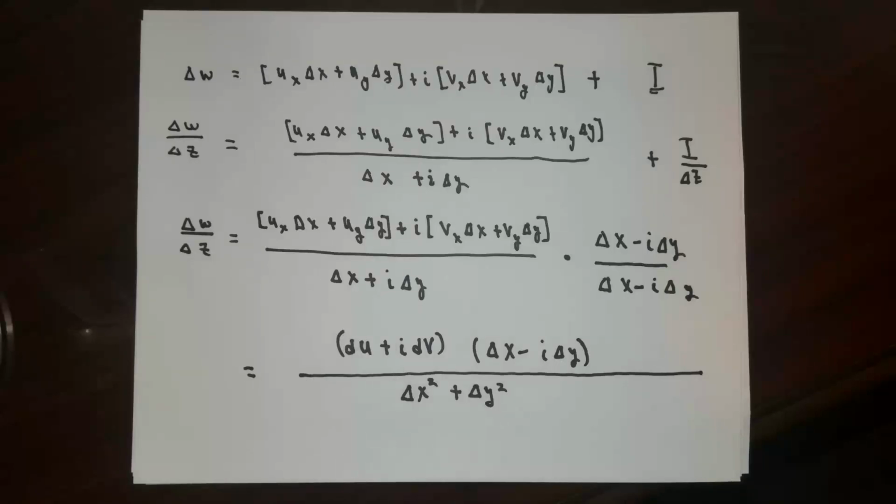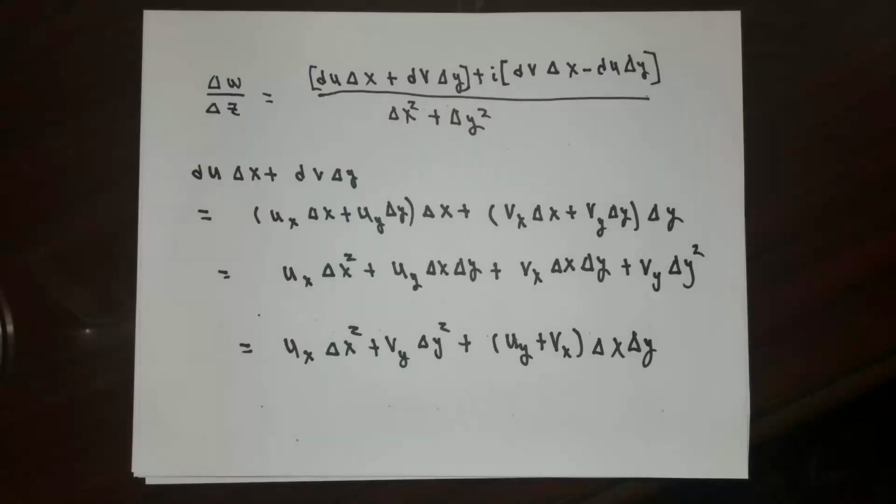The bottom of the fraction becomes a real number, and upstairs I have the differential of u plus I times the differential of v, times delta x minus I delta y. This is where something magic happens, but we won't see this for a minute.